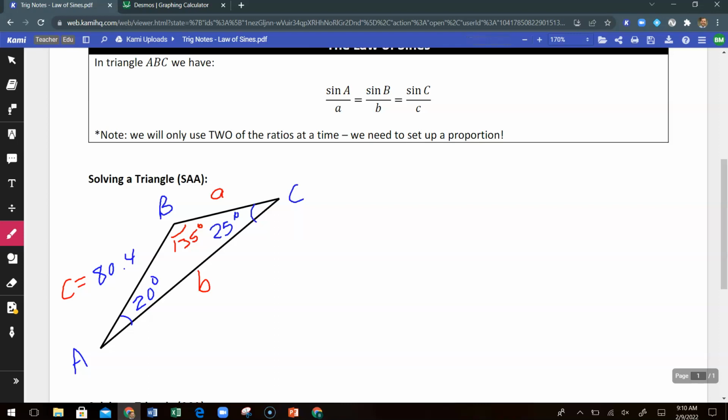That's convenient. But I'm going to start with the thing that I have both pieces for, which is side length C and angle C. So I'm going to say that the sine of 25 degrees over side length C, which is 80.4, is going to equal the sine of, and now I get to pick whichever one I want to solve for. It doesn't really matter.